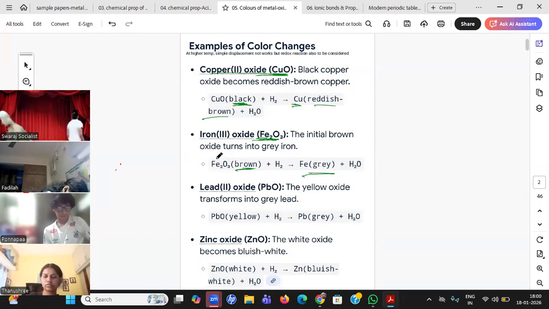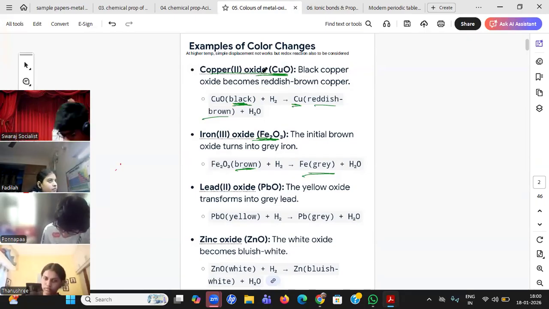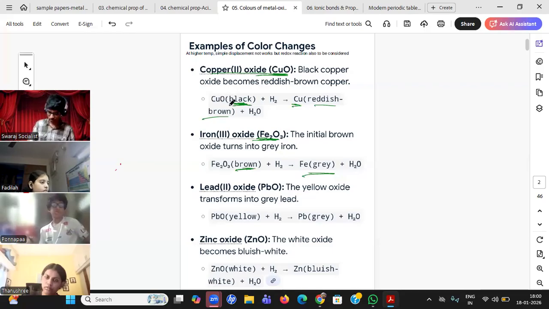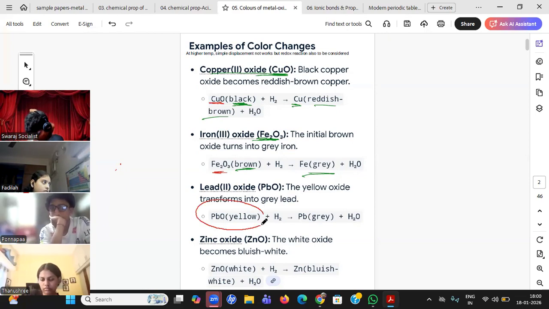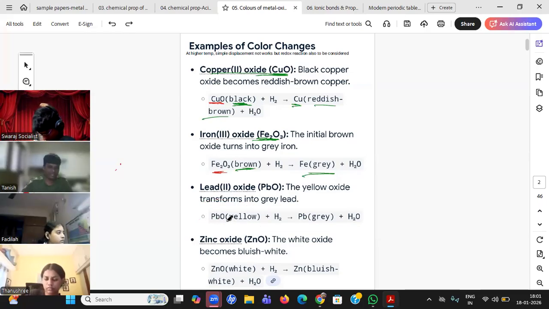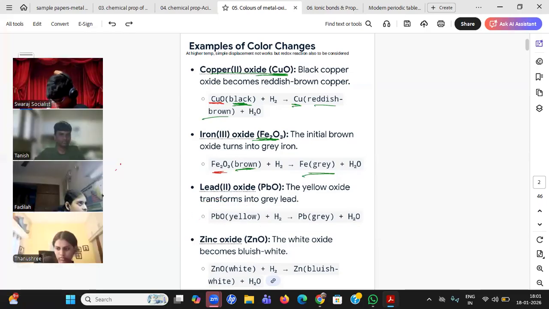Try to remember the practical concept. Whenever there is a short circuit, you see something black on the copper cables. That is nothing but copper oxide forming, black. Iron oxide is rust, brown. Lead oxide, I think we did in an activity in chapter number 1, the yellow precipitate activity, with potassium iodide, a double displacement reaction.